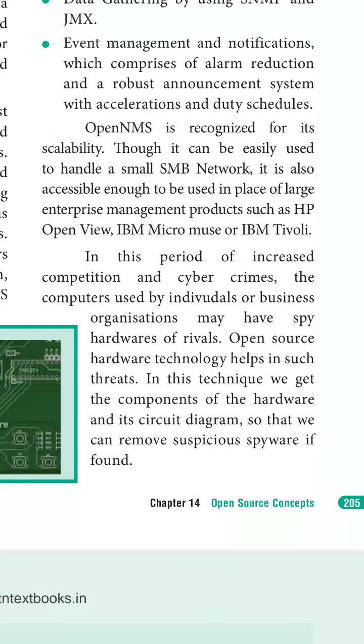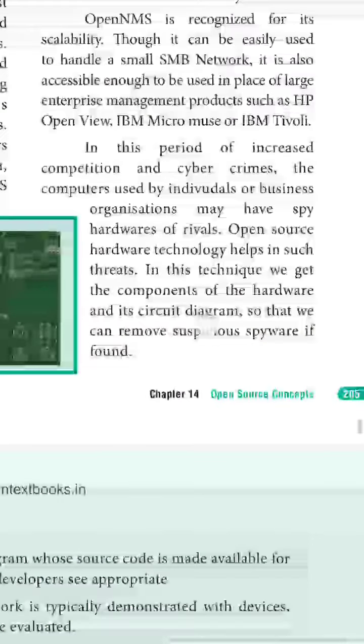In this period of increased competition and cybercrime, the computers used by individuals or business organizations may have spy hardware or rivals. So open source hardware technology helps in such threats.